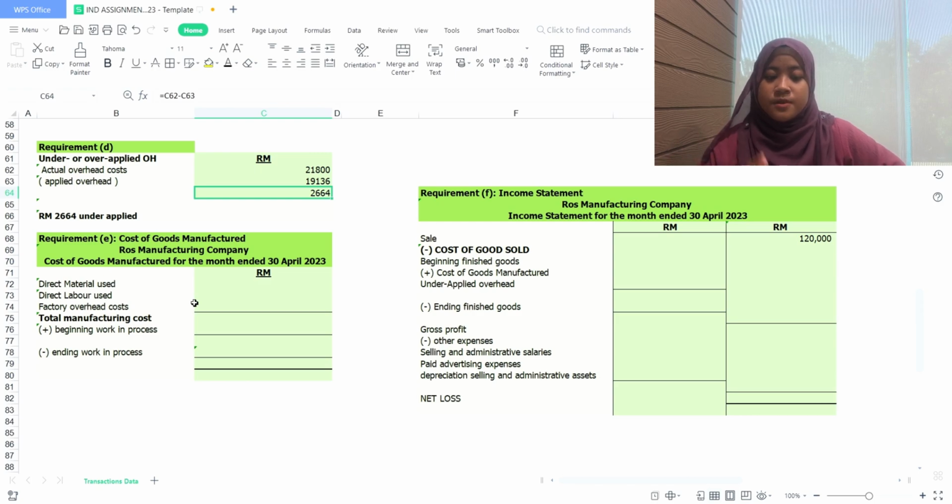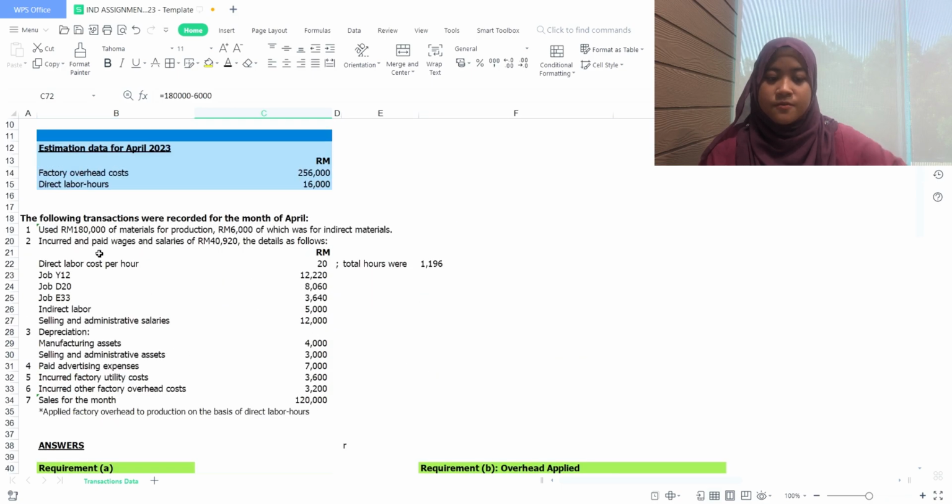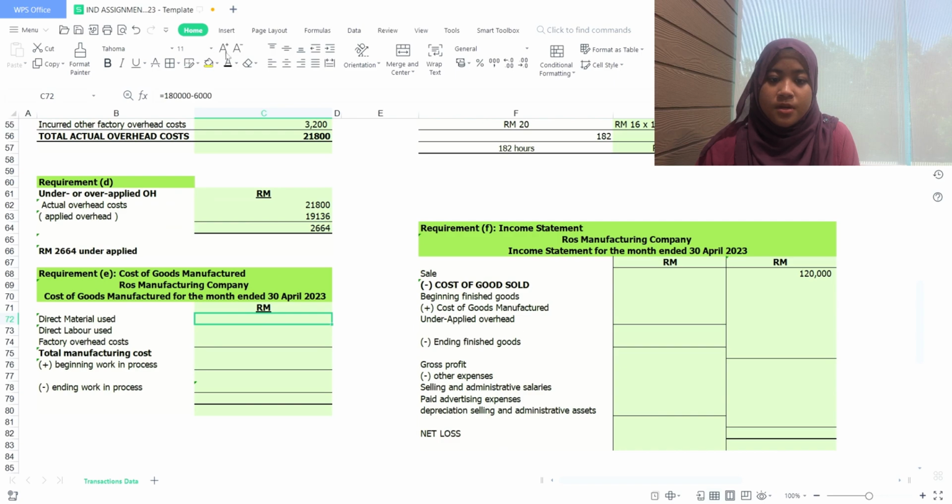Under the cost of goods manufactured, we have direct material used, direct labor used, and factory overhead costs. So the direct material used is given in the question, which is 180,000 materials, and we have to minus 6,000 indirect materials, we get 174,000.